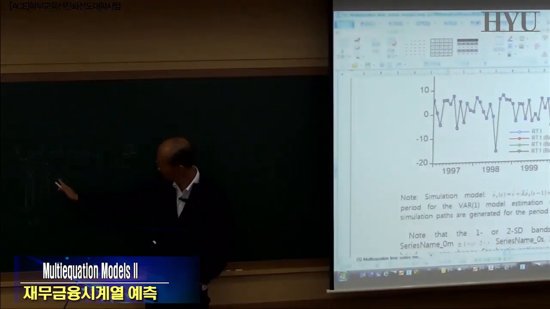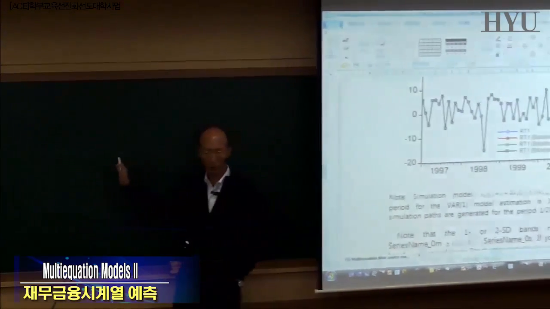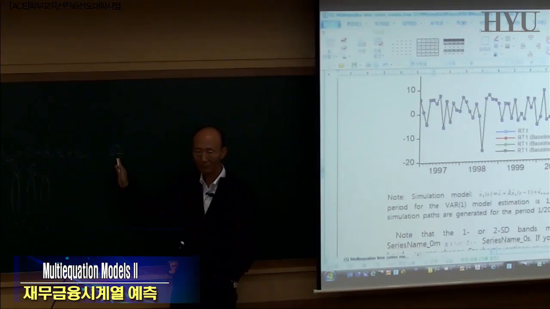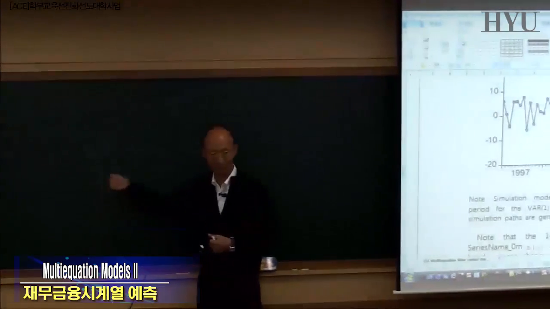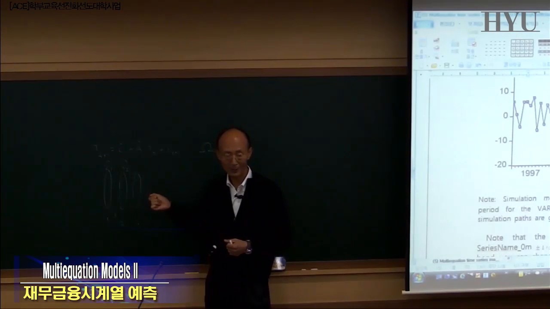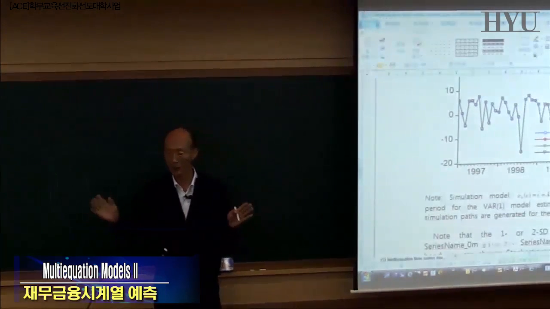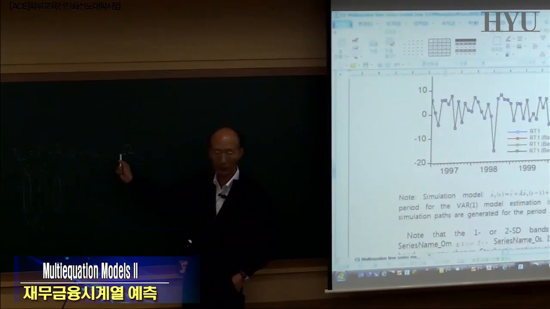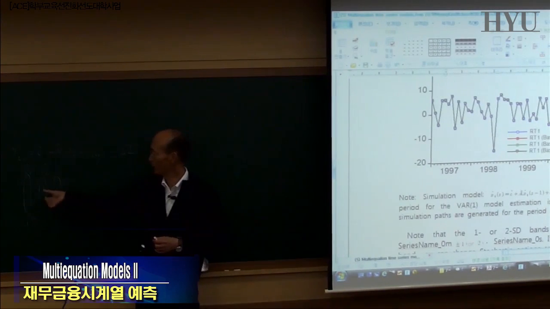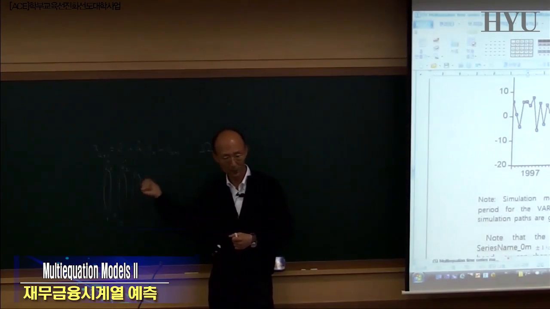Well, it reflects the covariance structure. So if you just draw random numbers, then you are destroying this covariance structure, which is not consistent with your model. So you have to keep this feature by drawing a vector instead of single numbers.